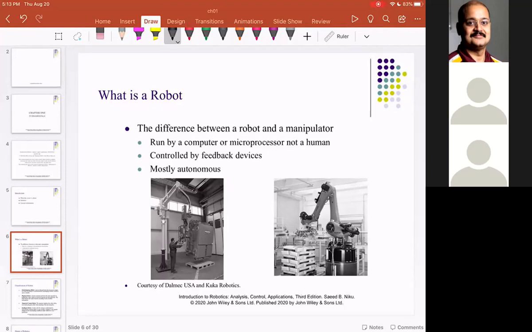You have a robot that is watching human motion or human action. Based on that human motion and action, you have a stereo camera that captures the motion and processes that information, and then those actions are encoded in terms of primitives, and these primitives are replicated by the robot.